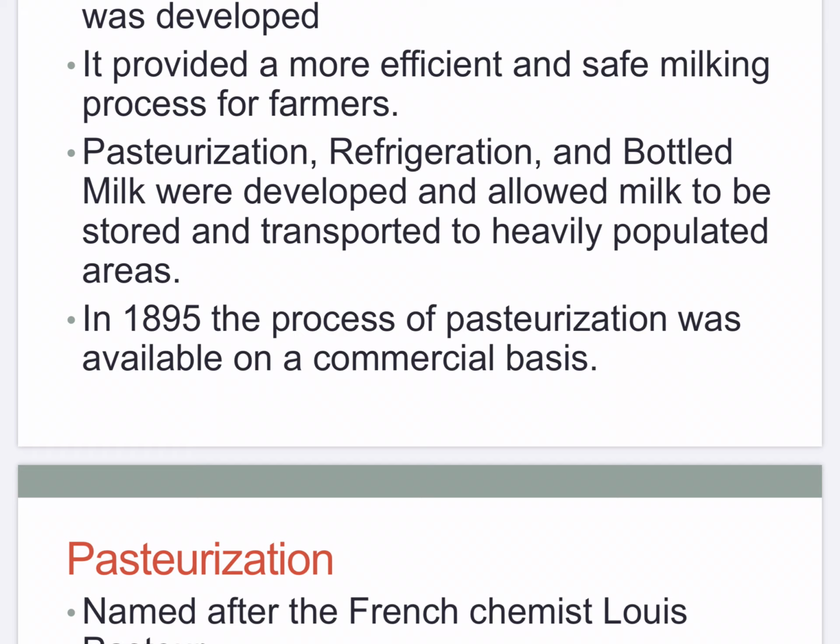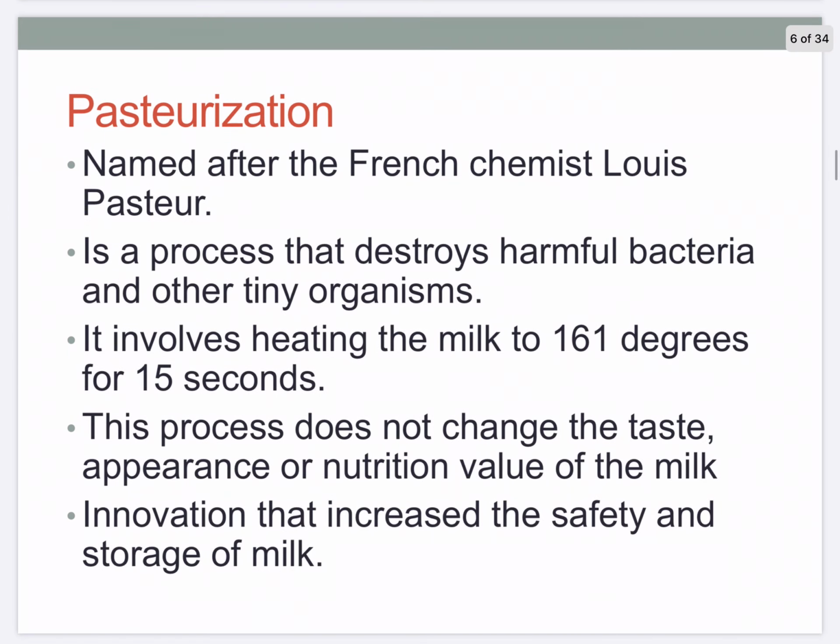So it says on your worksheet about pasteurization, after your key terms, it says pasteurization, homogenization. It was named after the French chemist Louis Pasteur. It is a process that destroys harmful bacteria and other tiny organisms.